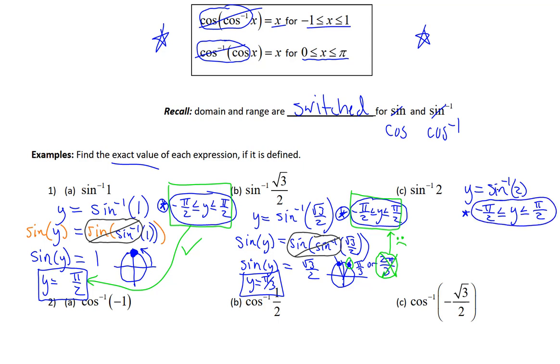However, in this case, when we take the sine of both sides, so now we have, again, y equals the sine inverse of 2, then I would have the sine of y on the left side equals the sine of the sine inverse of 2 on the right side.